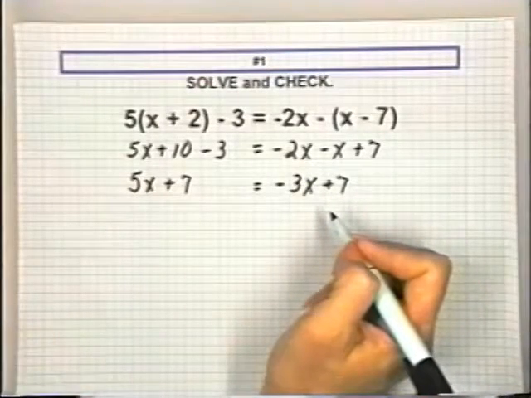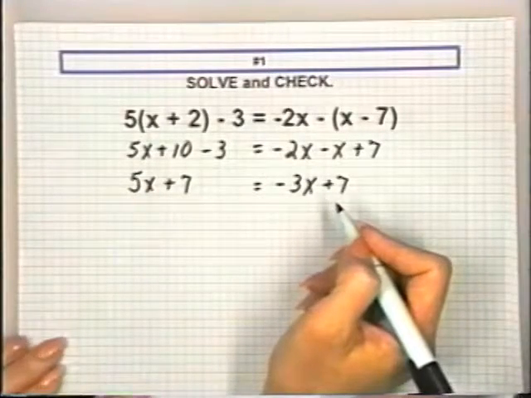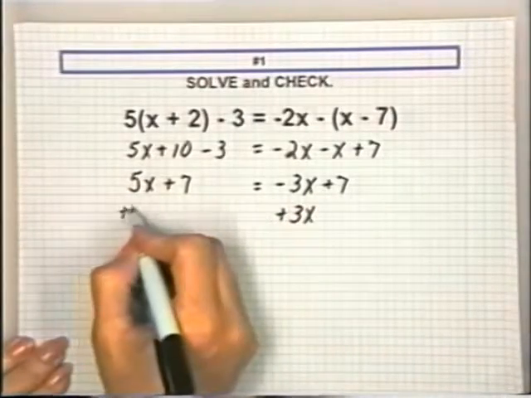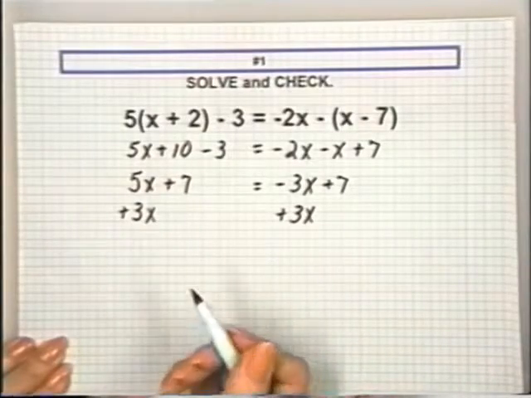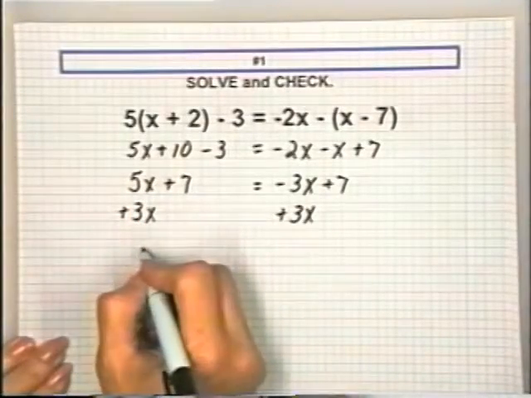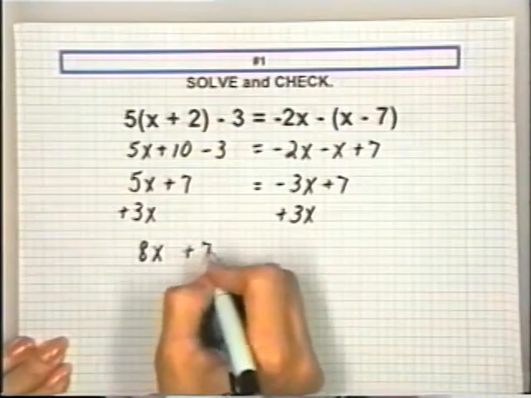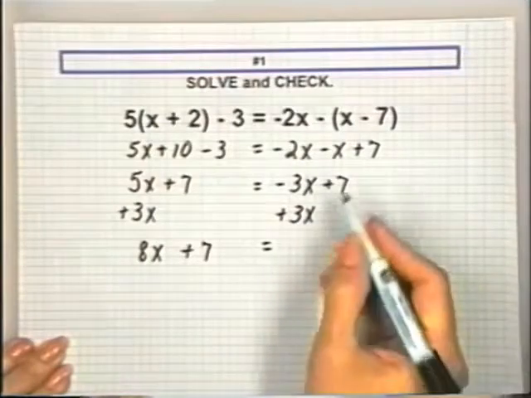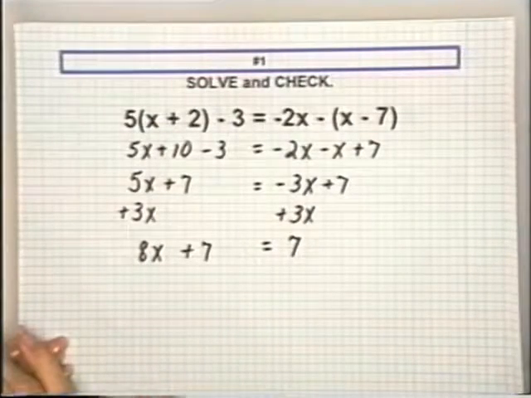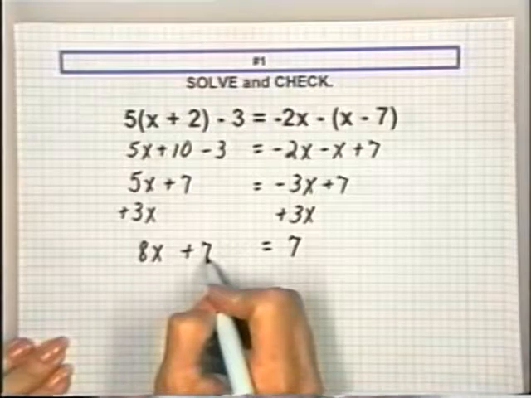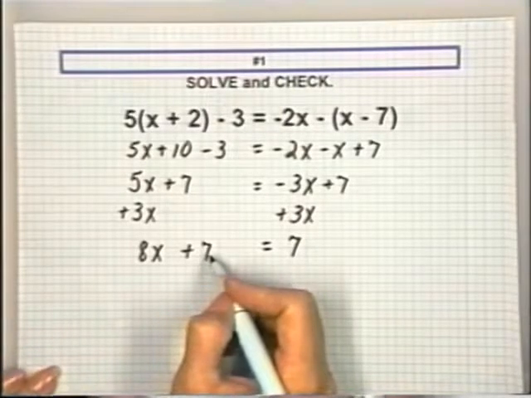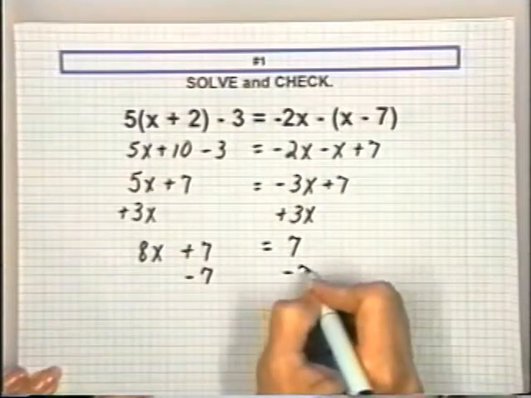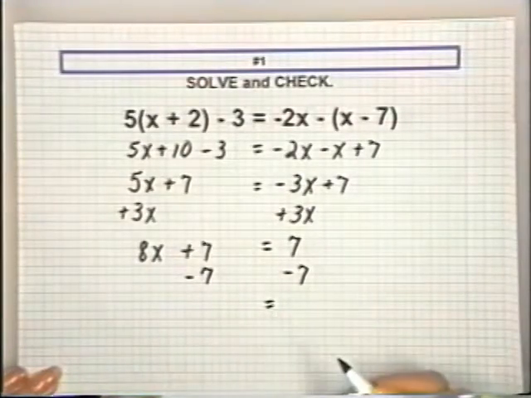Since the negative 3x represents subtracting 3x from the right side of the equation, I will add 3x to both sides of the equation. 5x plus 3x gives me 8x plus 7 equals the minus 3x plus 3x is 0, and then I have my 7. I now want to move this 7 to the right side of the equation. Since the 7 has been added, I will subtract 7 from both sides of the equation.